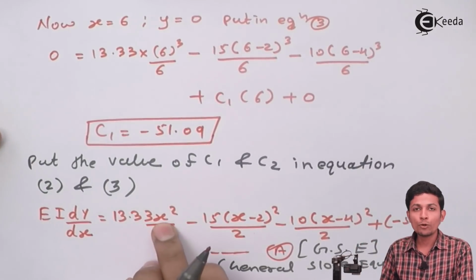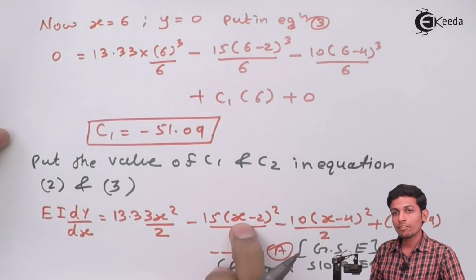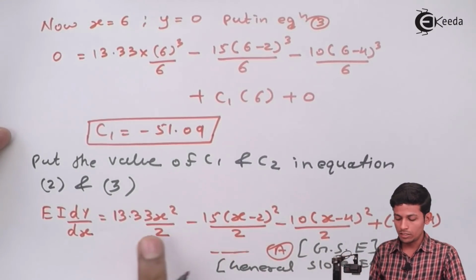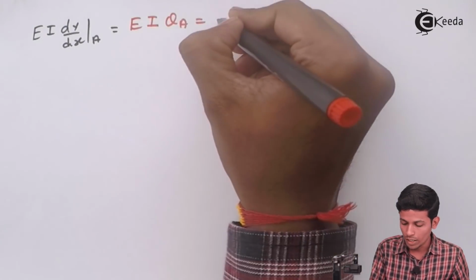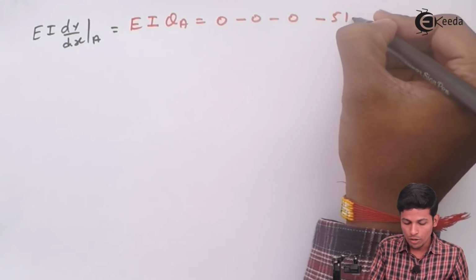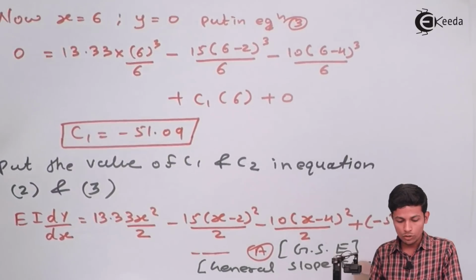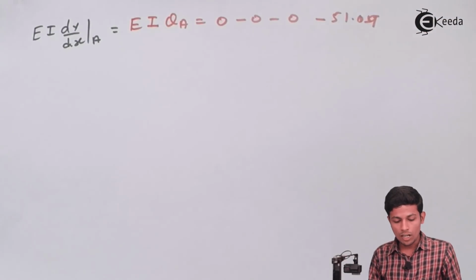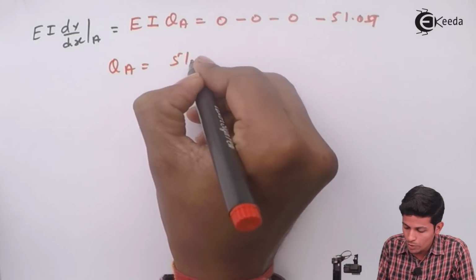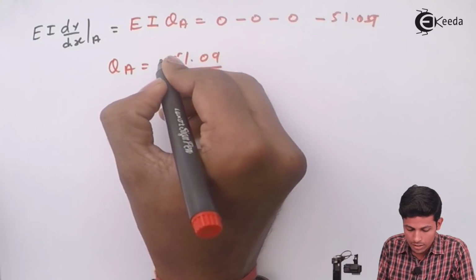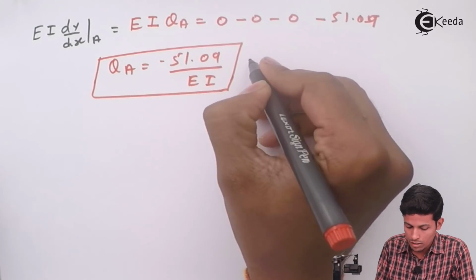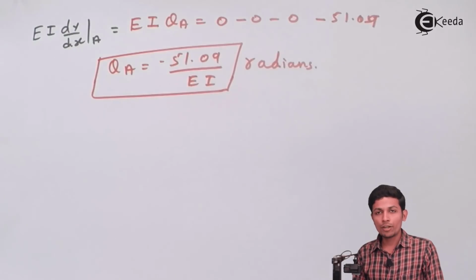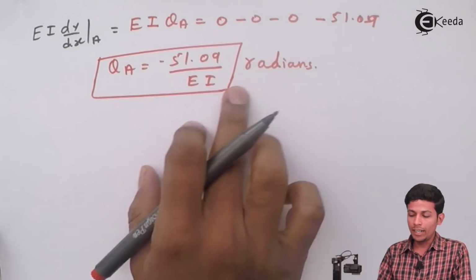This term becomes 0, this also has x so it is directly 0, and this third one also becomes 0. Only one term remains: 0 minus 0 minus 0 minus 51.09. So theta A is minus 51.09 upon EI, and the unit is radians.